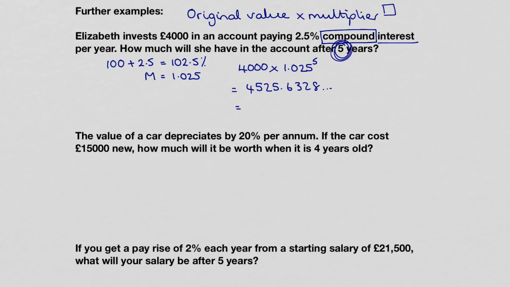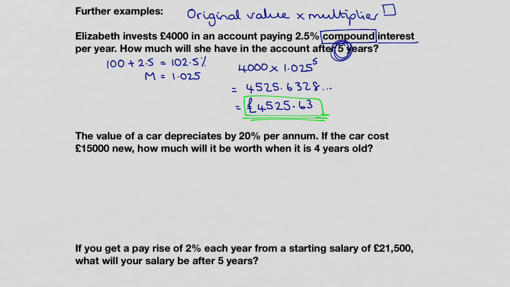Remember, this is money, so the amount that she'll have in the account after 5 years is £4,525.63. So this is our answer here. Right, we'll do the next example.